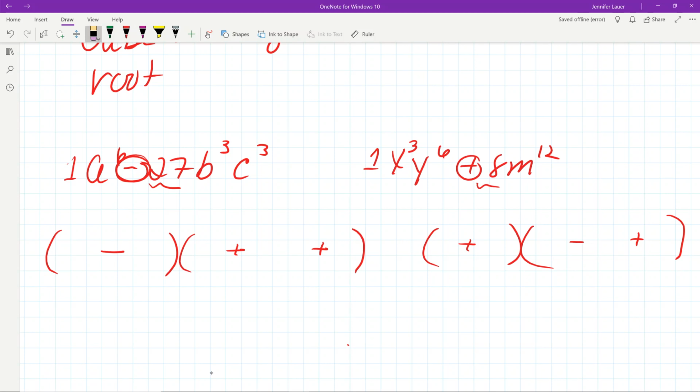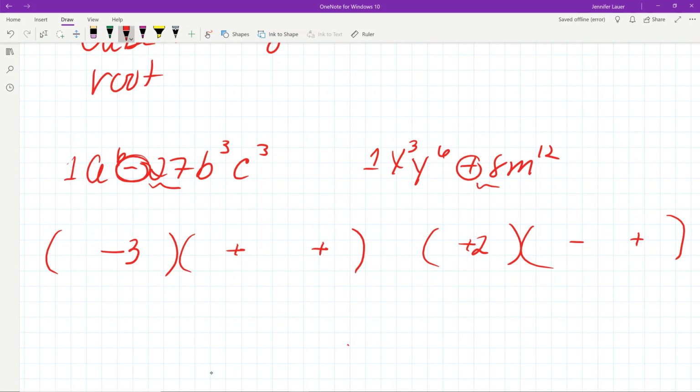So here we go. When you take the cube root of a number, that's pretty easy. The cube root of 27 is 3, and the cube root of 8 is 2. Done with that. When you take the cube root of an exponent, you're actually dividing.